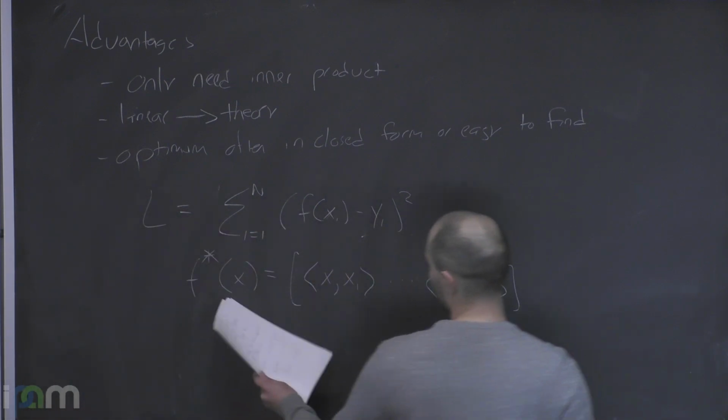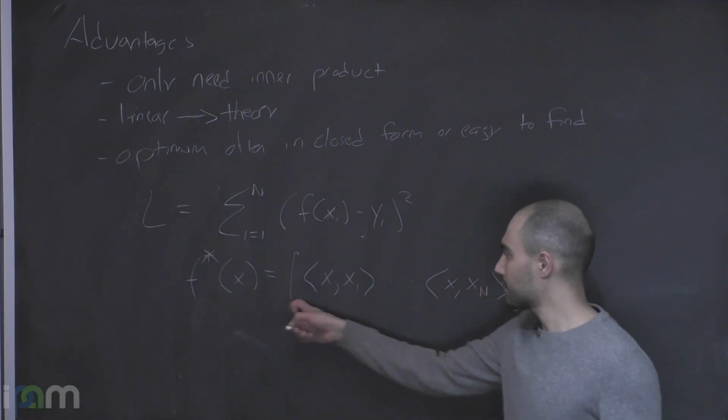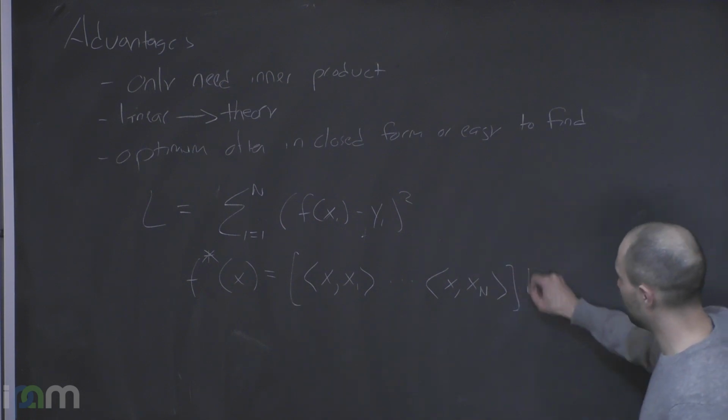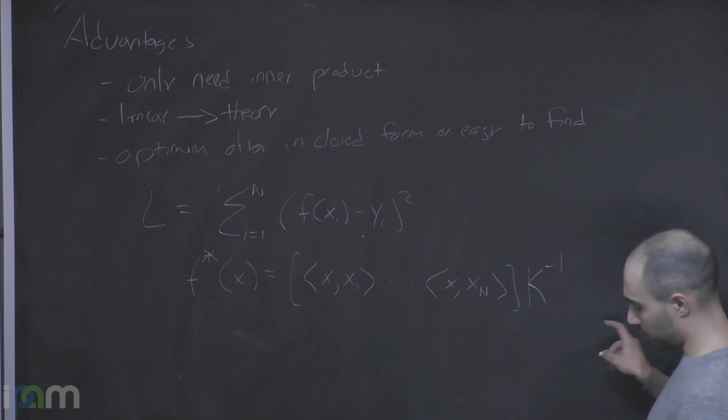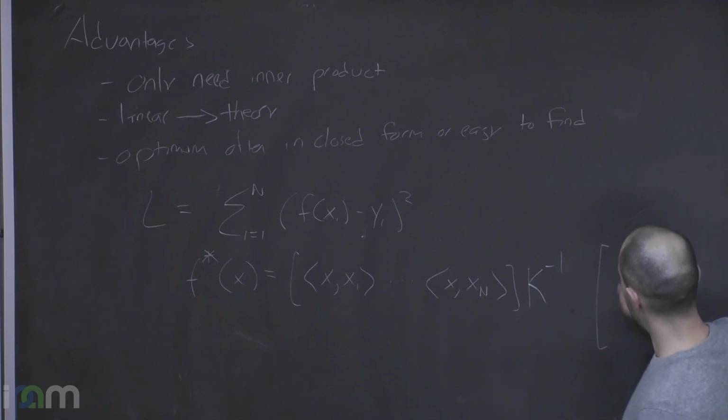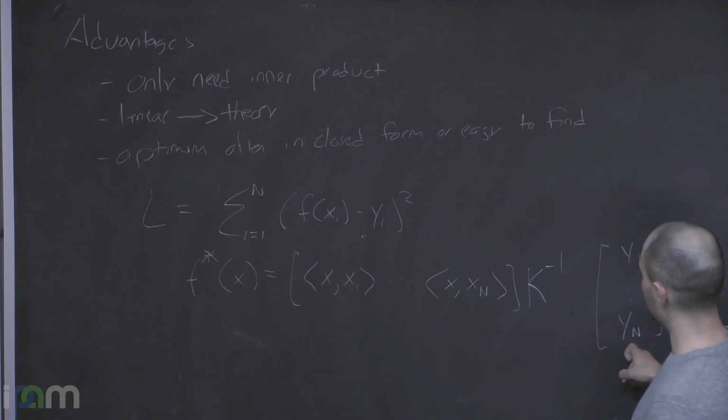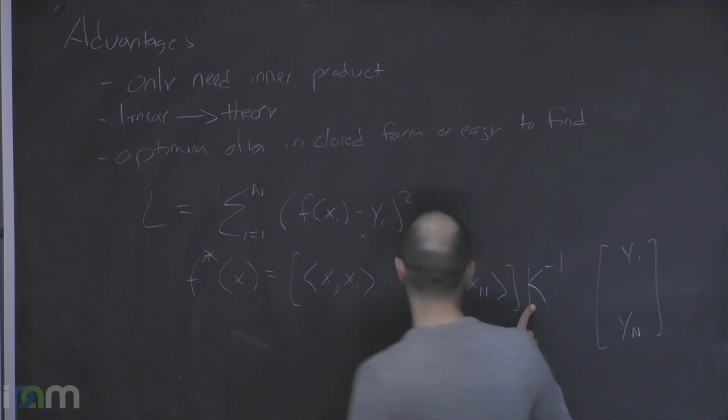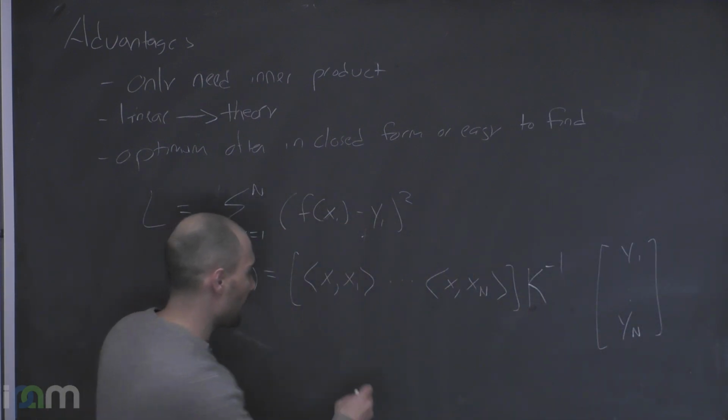So our function as a function of x is just taking the inner product with our n data points, times the inverse of some kernel matrix, which I'll come to. And then we put our labels here. This is the kernel matrix of the data, which is an n by n matrix.